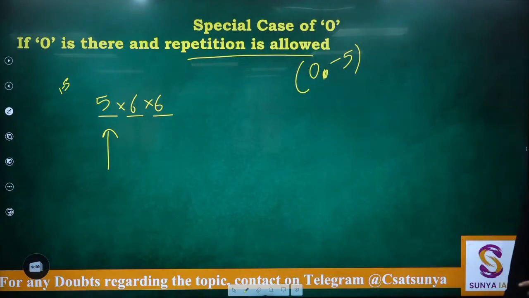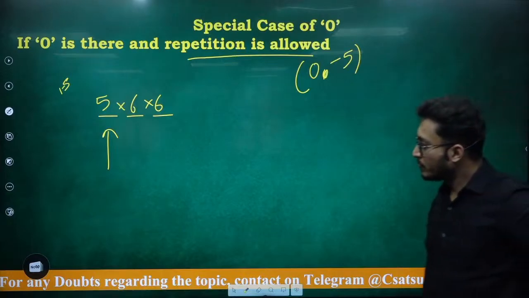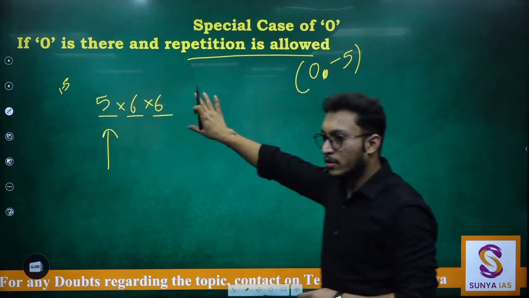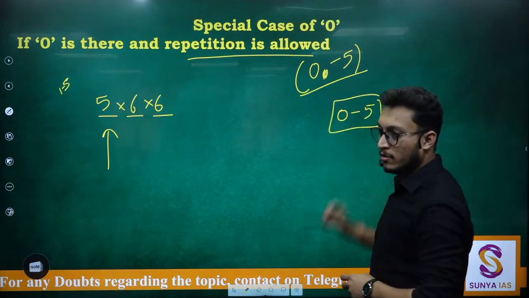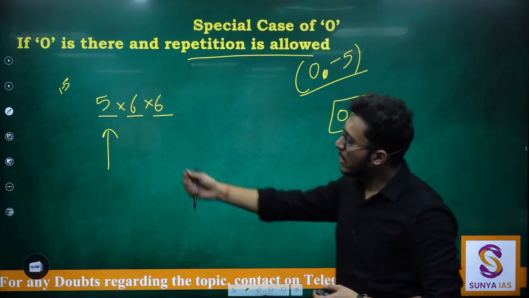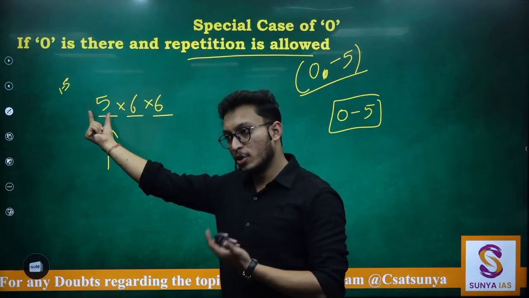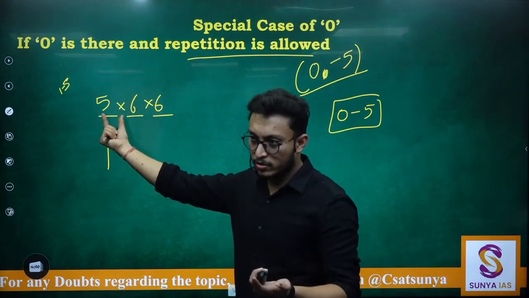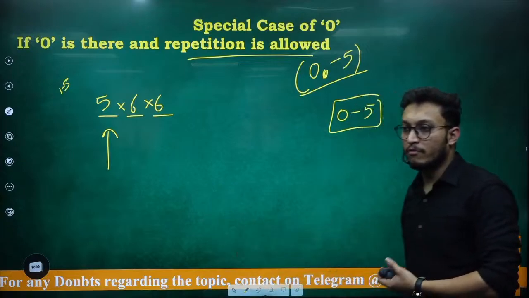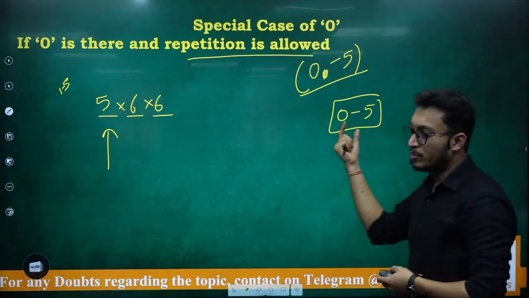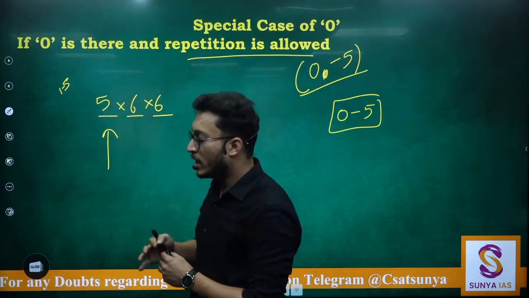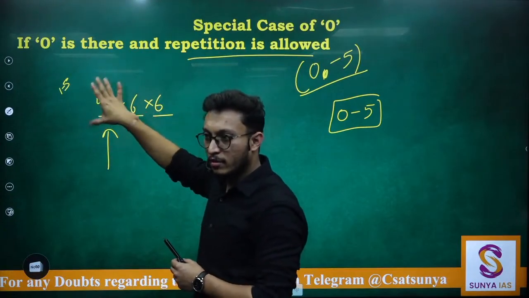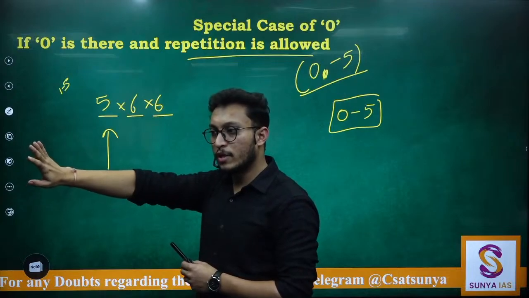Same way, you need to form a 3-digit number using these digits from 0 to 5. I cannot fill a 0 here. Why? Because it will become a 2-digit number if I fill it with a 0. So how many options do I have? Any digit from 1 to 5.